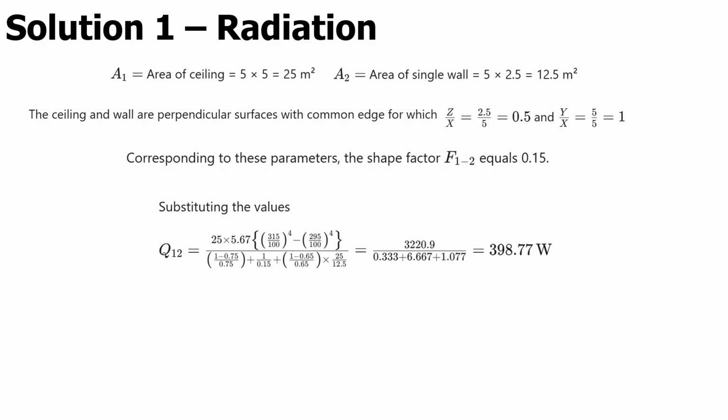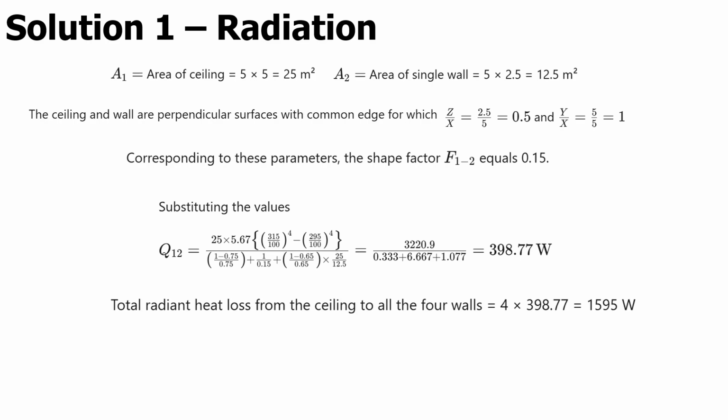Now, since there are 4 walls, the total radiant heat loss from the ceiling to all the 4 walls is simply 4 times the heat loss for a single wall. So 4 times 398.77 gives us a total radiant heat loss of 1595 watts. And that is our answer.